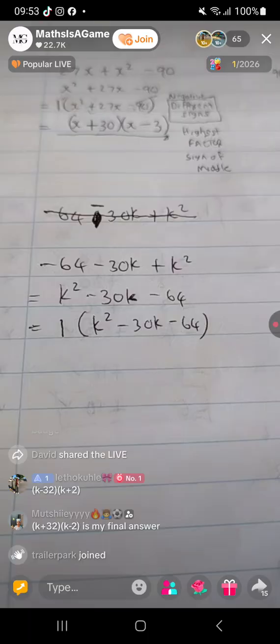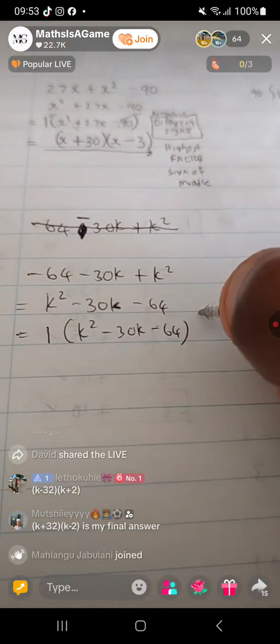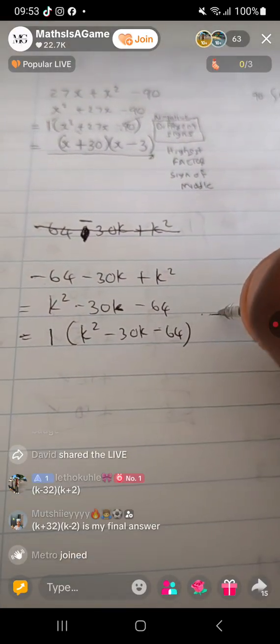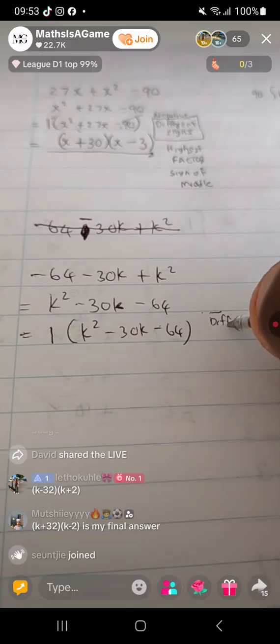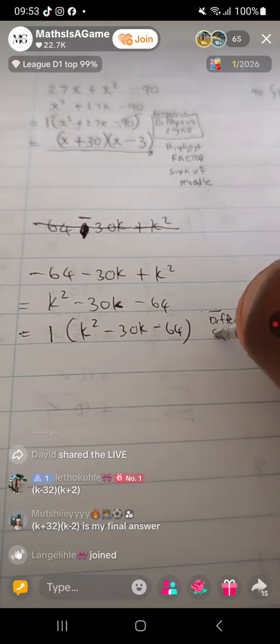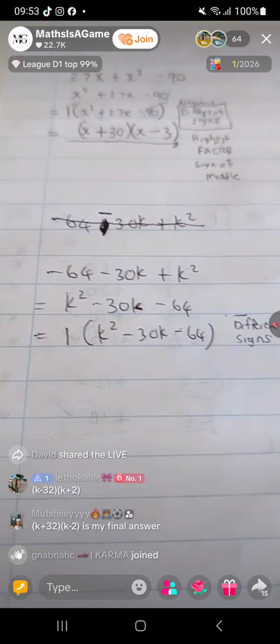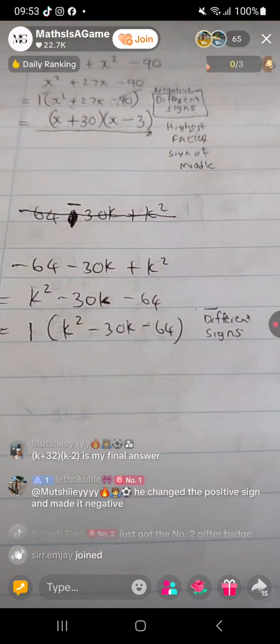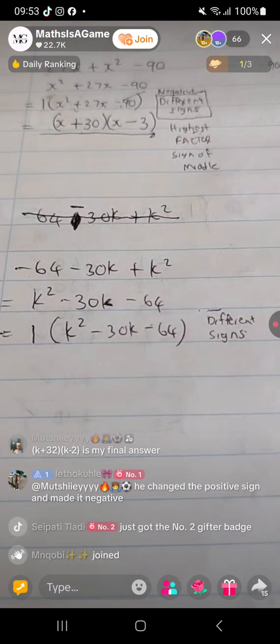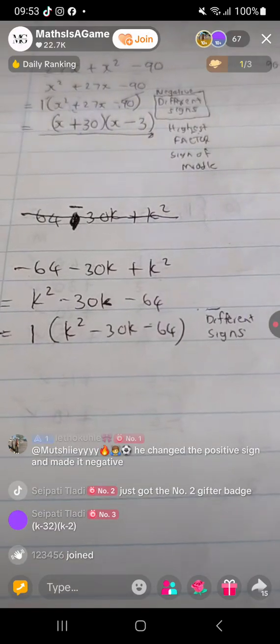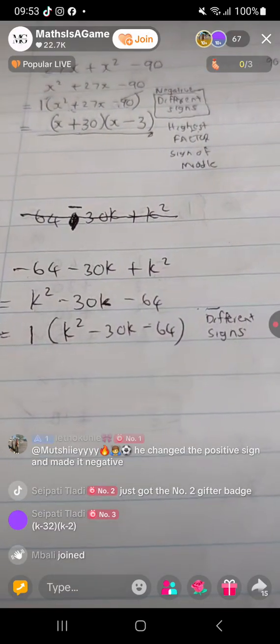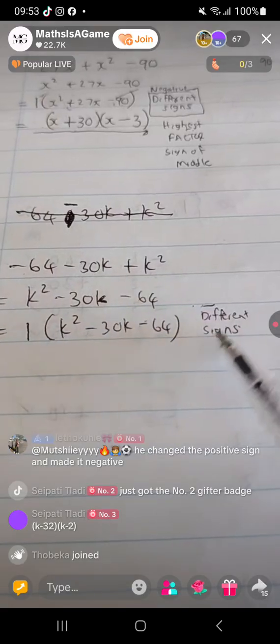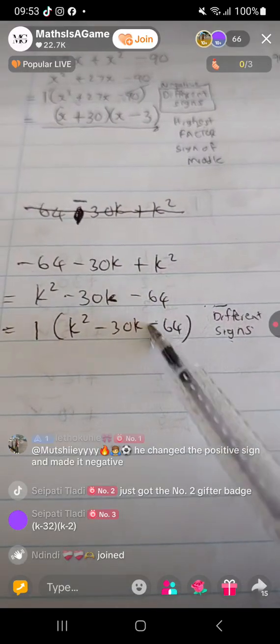Then we look at the inside of the bracket. We look at the constant term. What's the sign of the constant term? It's negative. What does that mean? It means different signs inside the bracket, because the constant is negative.